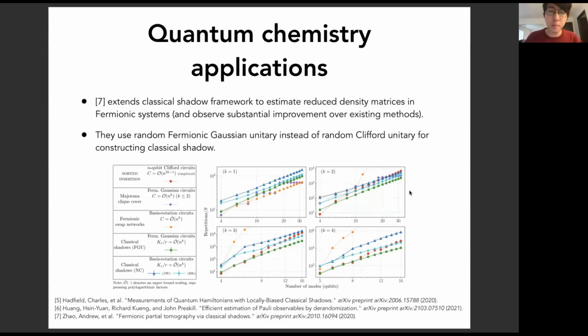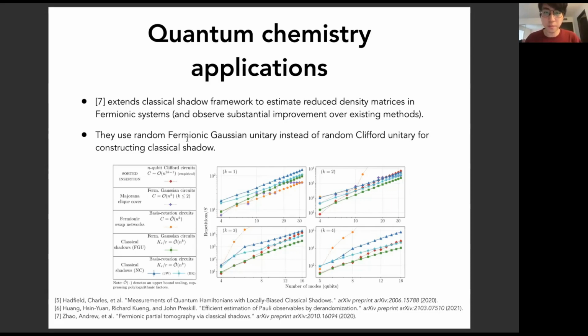But they replaced them with random fermionic Gaussian unitaries, which are also classically simulable and much better suited for fermionic systems. They also observe some pretty substantial improvement over existing methods like sorted insertion and fermionic swap network, which people originally believed were pretty much the best. But when you apply this random fermionic Gaussian unitary, it seems like you can get a further improvement on top of it.